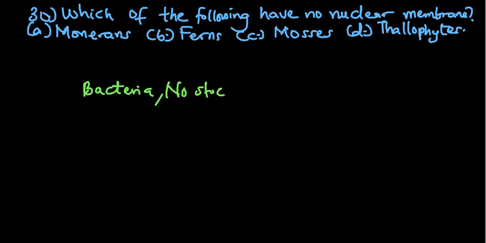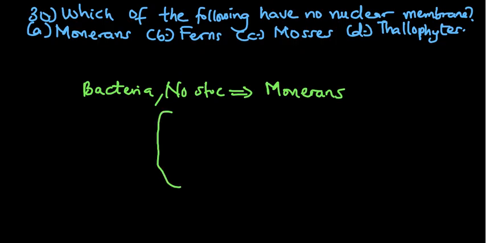Now which phylum or which division do they belong to? They belong to Monera. What happens to them is that they don't have a nuclear membrane. They don't have a true nucleus. So the components of the nucleus, all those DNA, are just floating inside the cell.